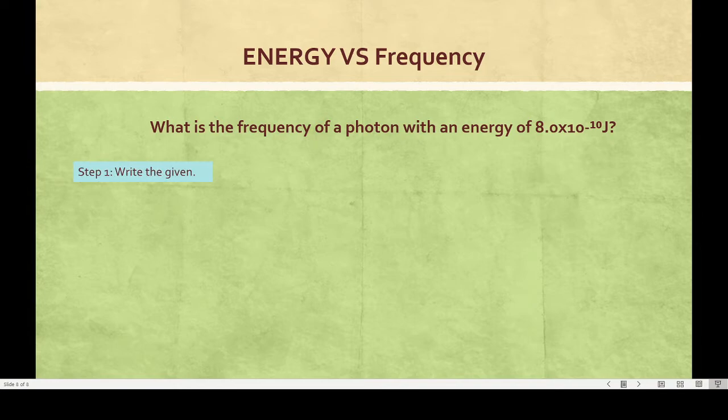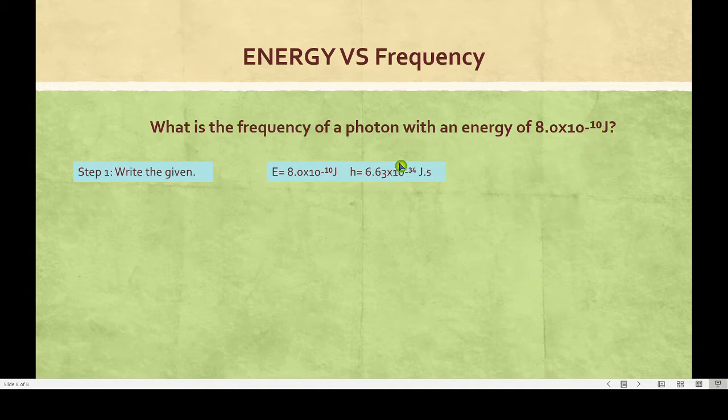Alright, so still we have to follow the steps, write the given, then you have E is equal to 8 times 10 raised to -10 joule. Remember, that is the value of energy here in our question. So just write the symbol for energy, that is E, and the value. So 8 times 10 raised to -10 joules.